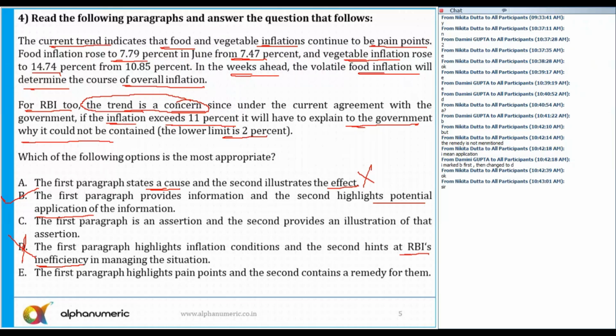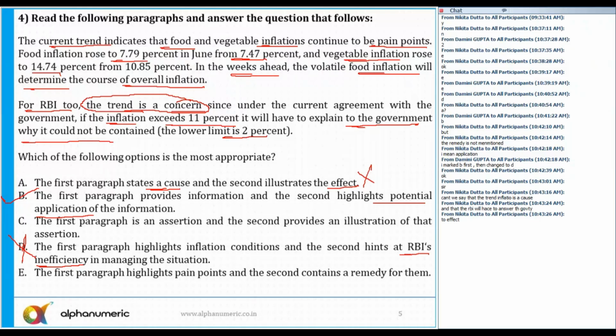Okay. Coming to the next question, yes, Nikita. Can't we say that the inflation trend is the cause? Okay, so inflation is the cause. So what effect does it lead to?